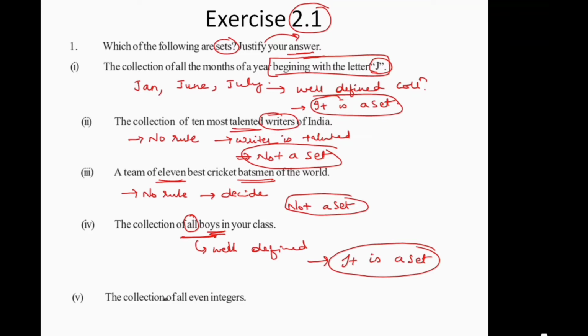The collection of all even integers. Look, there is a rule: even integers 2, 4, 6, 8 and up to infinity you will have over here. Hence it is well defined, and hence it is a set.